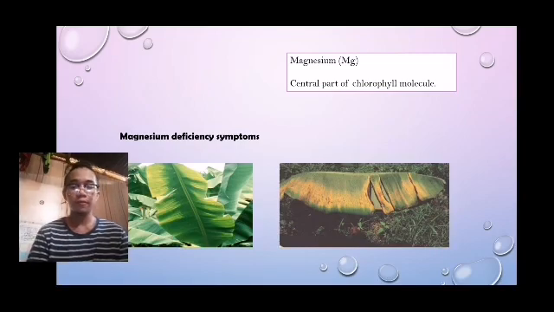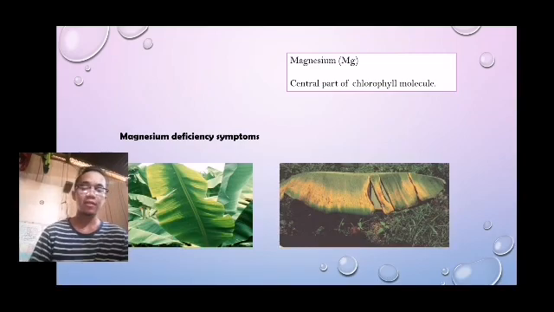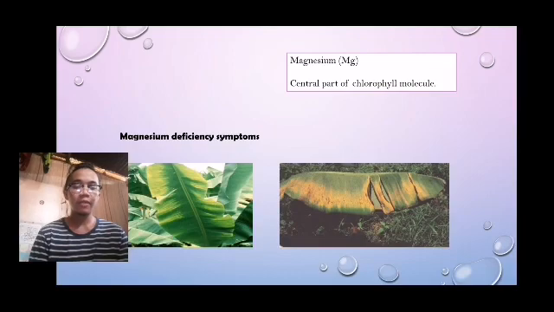The symptoms of magnesium deficiency are leaves becoming yellowish due to chlorosis, purple mottling of the petioles, separation of leaf sheath from stem, lower yields, poor plant growth, and poor uptake of potassium and calcium.